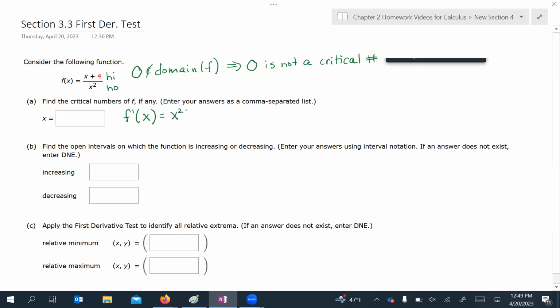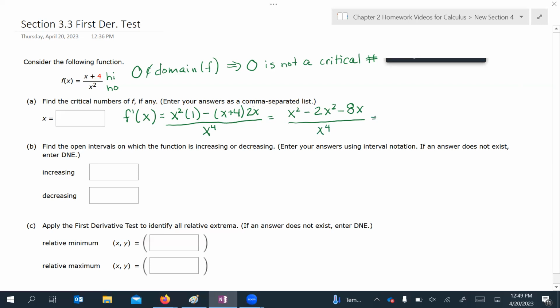So I have ho d hi minus hi d ho, all together over ho ho. So simplifying, we have x squared minus 2x squared minus 8x over x to the 4th.